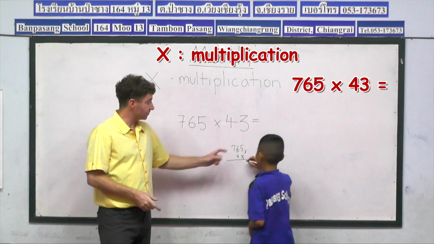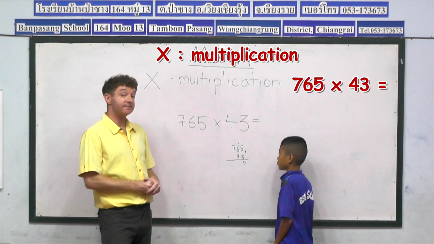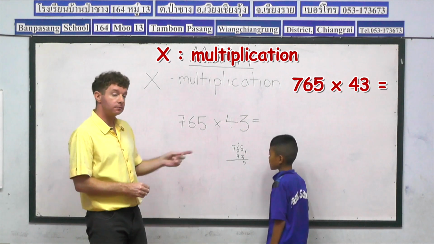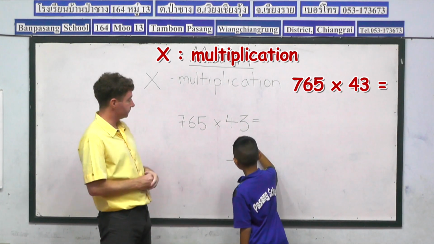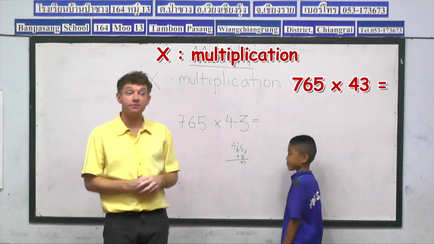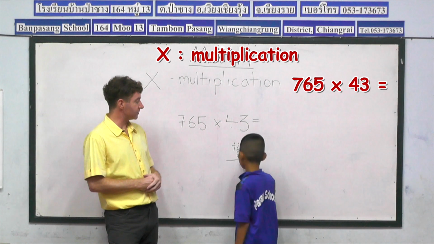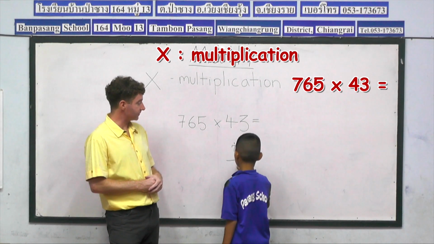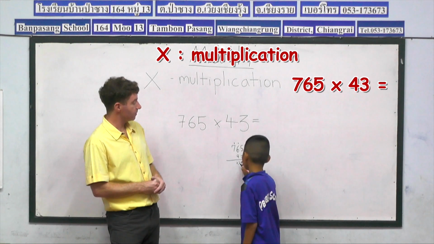15. So write the 5, carry the 1. 3 times 6 plus 1? 19. So we write the 9, carry the 1. 3 times 7 equals 22. Excellent. And remembering our comma for 2,000, perfect.